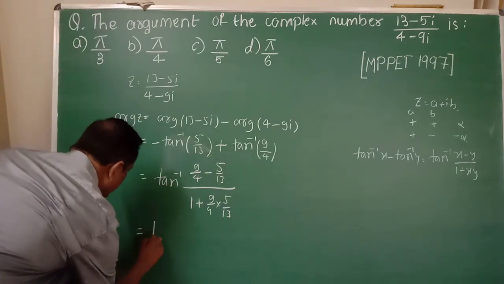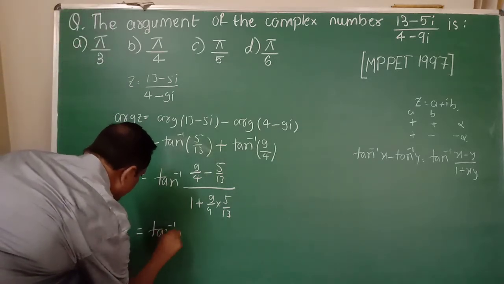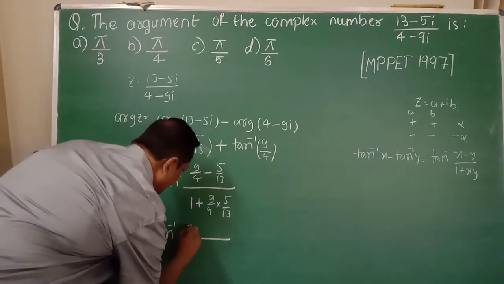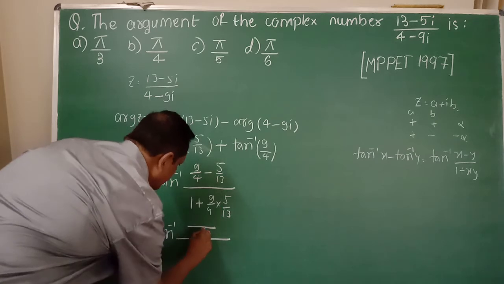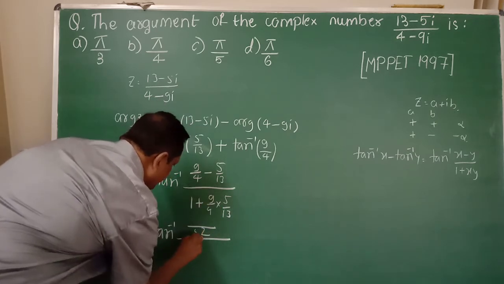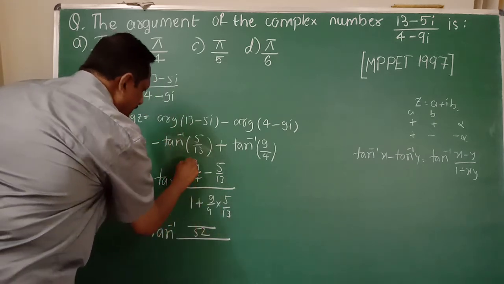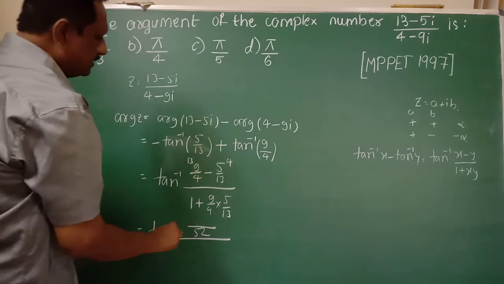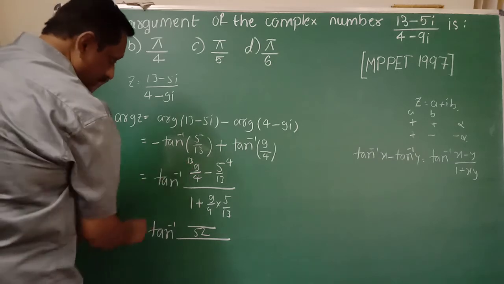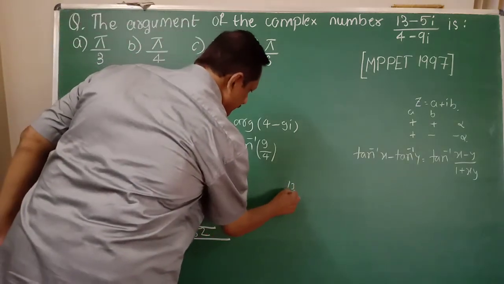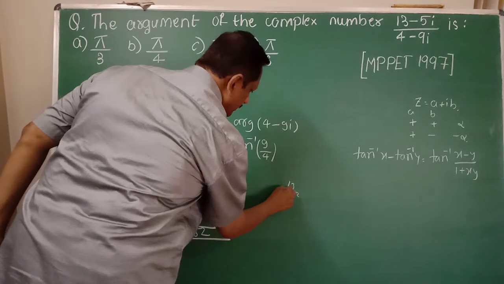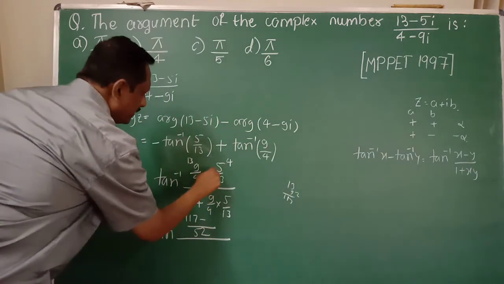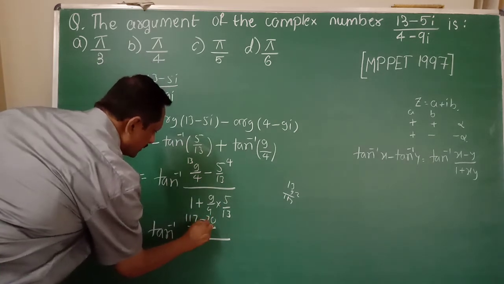So this is equal to tan inverse of, here, 4 into 13 is the LCM here. So 13 into 4, 52 here. Then 13 into 9 here. Okay, 13 into 9 is how much here? 117. So 117 minus 5 fours are 20.